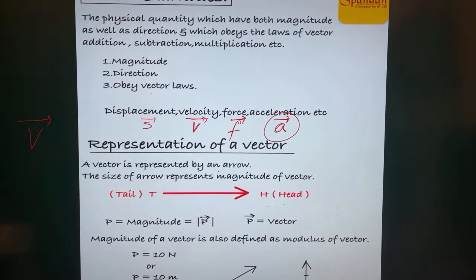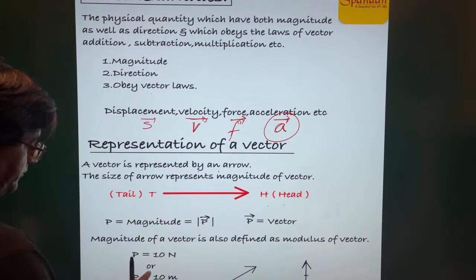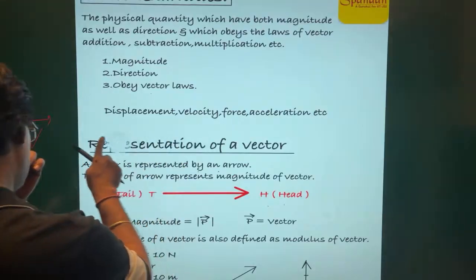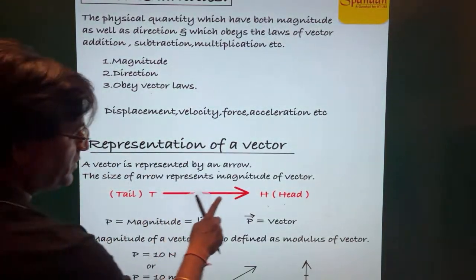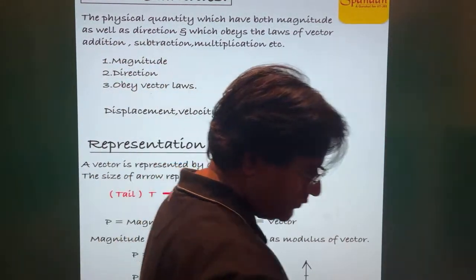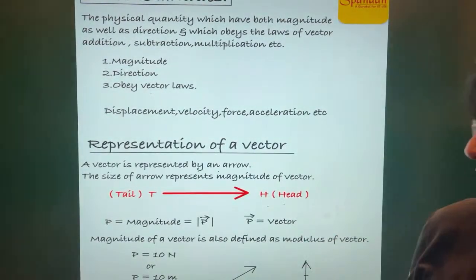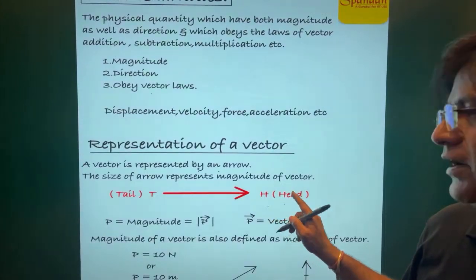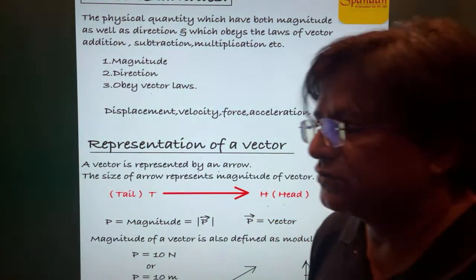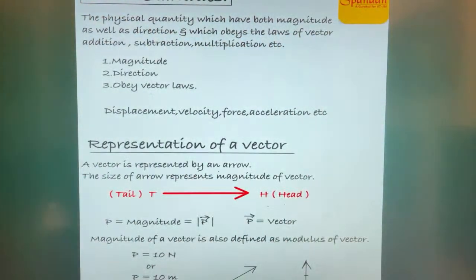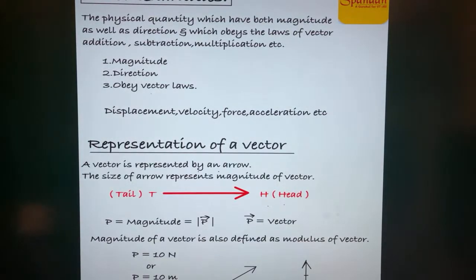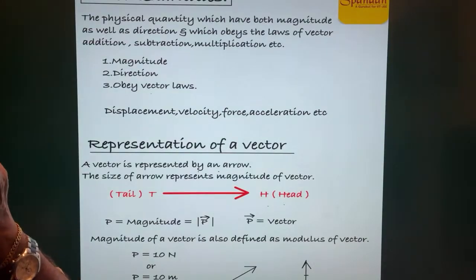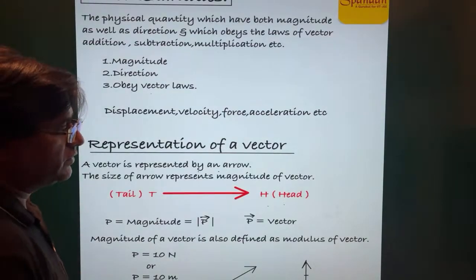But now we will see how a vector is represented. A vector is represented with an arrow. The size of the arrow gives the magnitude of the vector, and the arrowhead gives the direction of the vector.